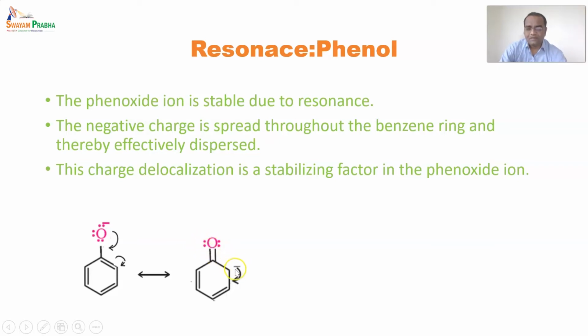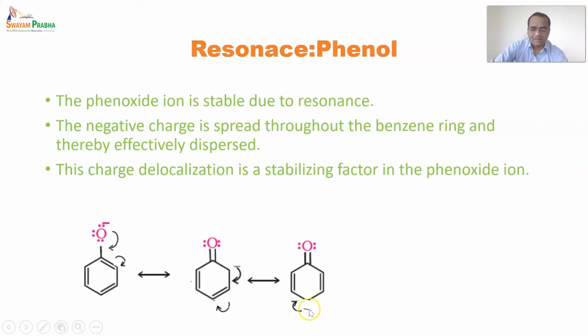Now carbon here is a negative center, and it will transfer an electron towards the next carbon. So here the ortho carbon and para carbon have negative charges now, so the charge will transfer further, again shown by a resonating structure.